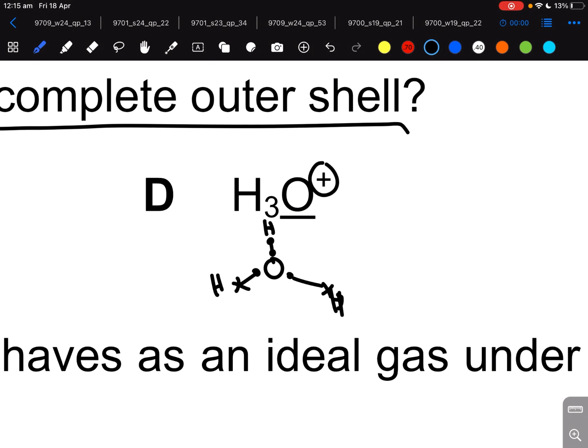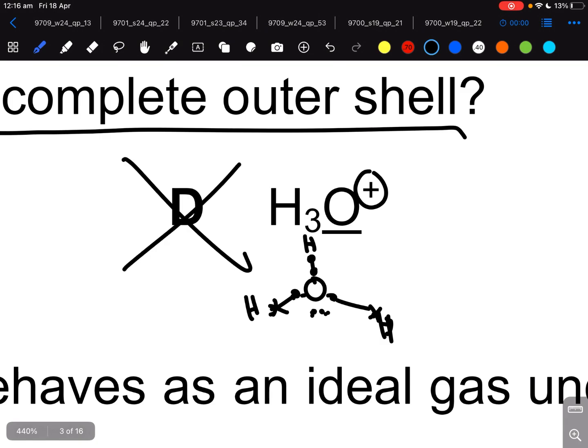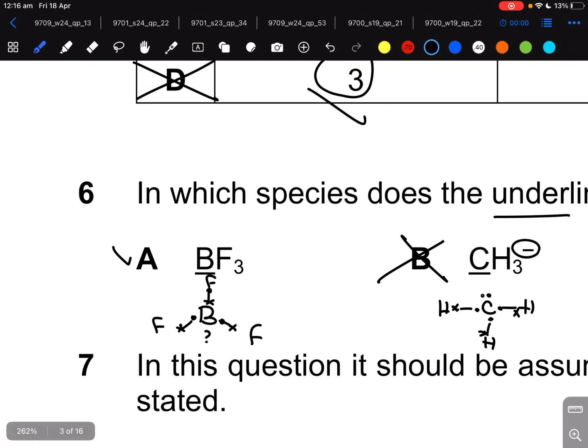So oxygen has 6 outer shell electrons, so before it was just sharing 2 of them and had 4 outer shell, now it shares 2 more, so it has 2 outer shell electrons now, like lone unbonded pairs. So let's count them: 1 2 3 4 5 6 7... 1 2 3 4 5 6 7 8. Okay, my bad, I miscounted at the beginning. Okay, so D is not the answer, A is the answer.